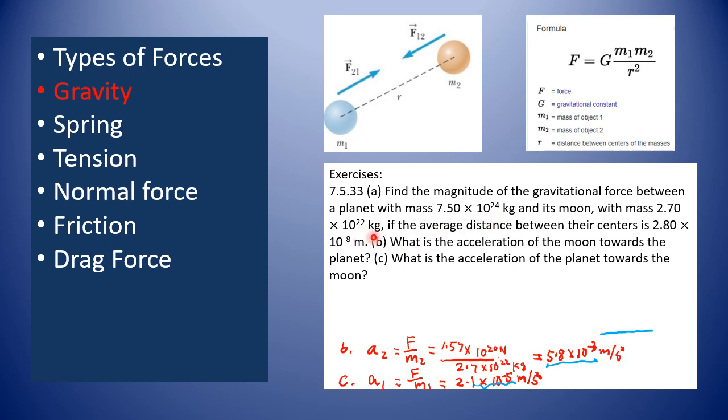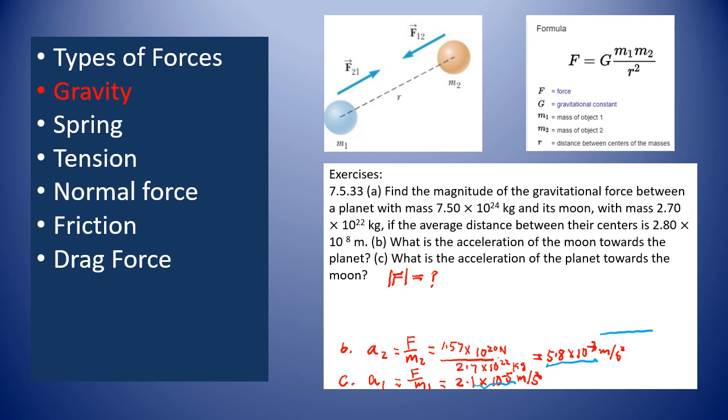It's about 2 orders of magnitude smaller, 100 times smaller, but both of them are huge, therefore there is an attractive force between them. The average distance, of course, is big, 2.8 times 10 to the 8 meters, and then find the magnitude of the force. So basically we're doing a calculation.